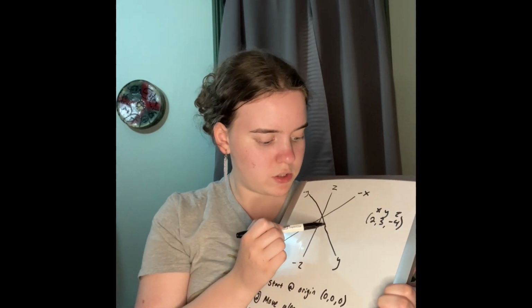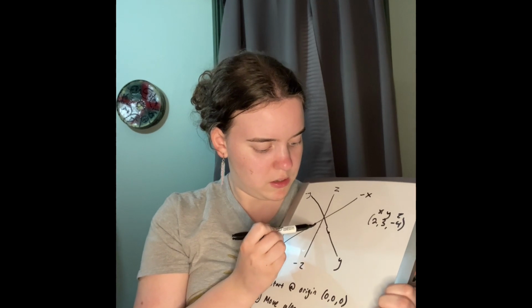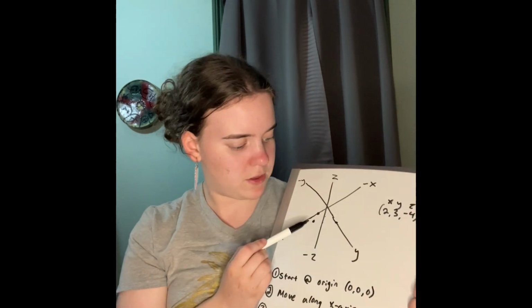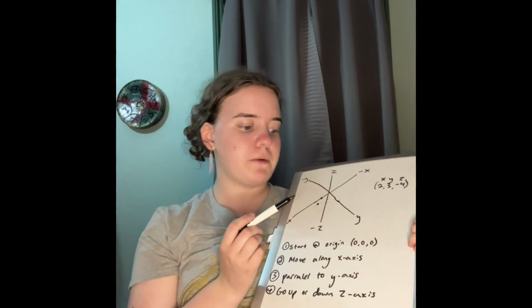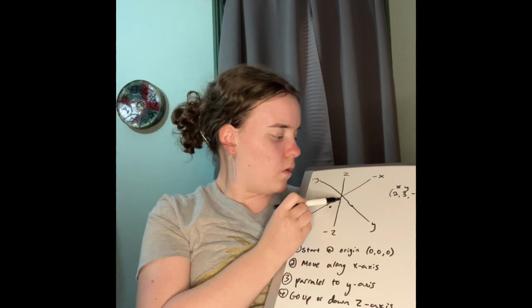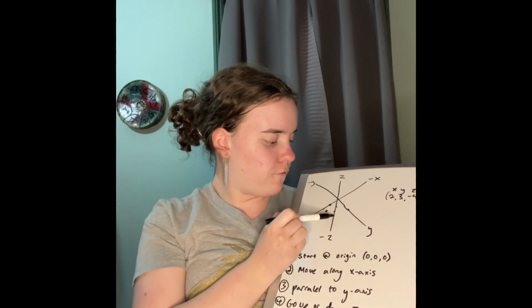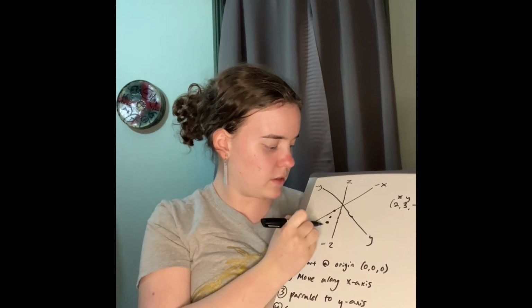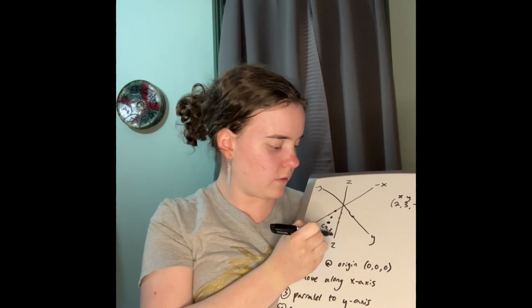So 1, 2, 3. So we're going to go till it's parallel. Bam, that's our point now. And then we're going to move up or down the z-axis. So it's negative, so we're going to move down. 1, 2, 3, 4. So this is our point, 2, 3, -4.